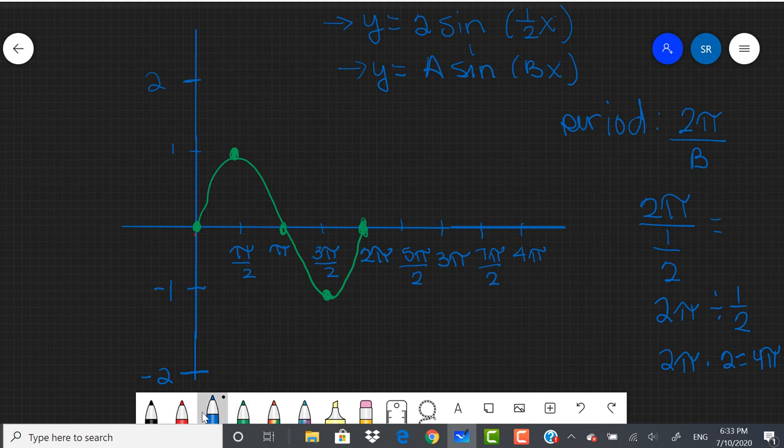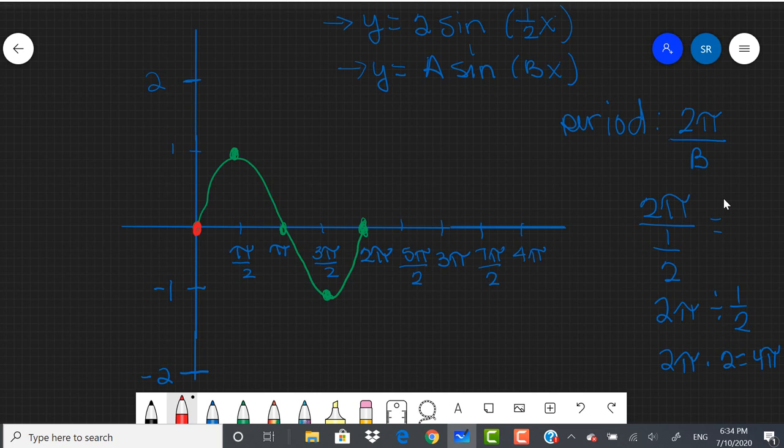Okay, so let's go ahead and graph this. Let me put it in a different color. When we plug in sine of 0, we are still going to start here at 0. But when I plug in pi over 2, it's actually going to be pi over 4, and then we multiply that by 2.